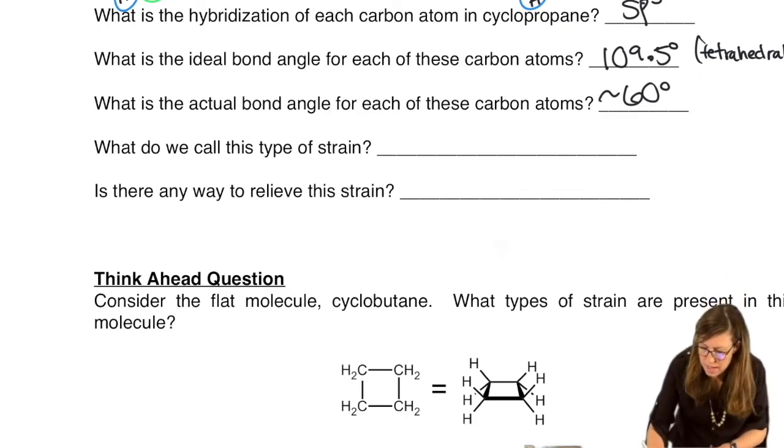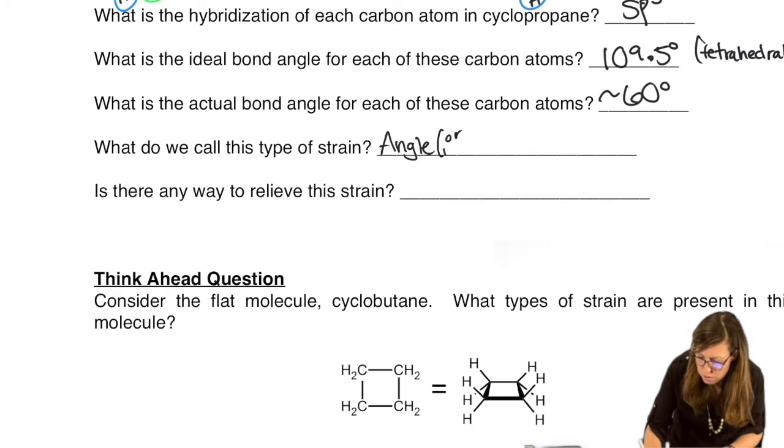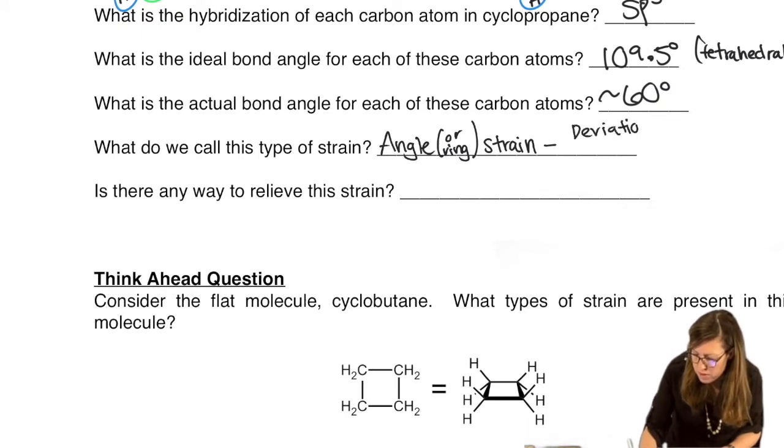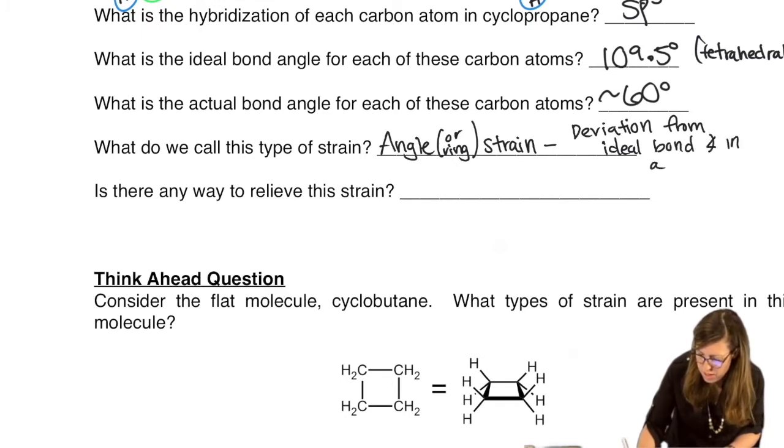So this is called angle strain because the angle deviates from ideal, and it's also known as ring strain. Those are synonymous. So I'll put a little definition here just as you look back, but we essentially proved it here, right? Deviation from ideal bond angle in a ring system.